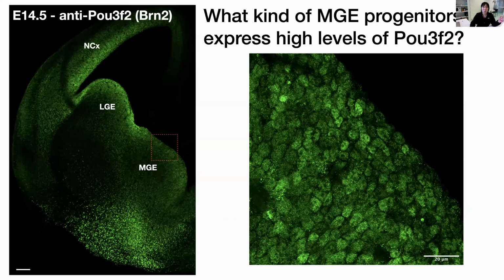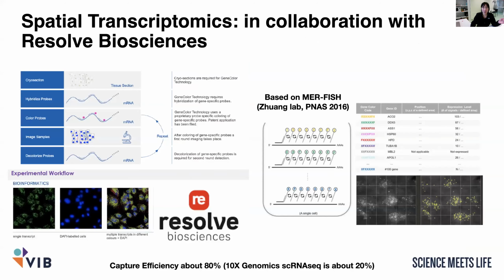Now, we also know that when we do immunostaining, we find POU expressed in different progenitor types in the MGE. To characterize this a bit better, we collaborated with Resolve Bioscience, which has a pre-commercial release platform of spatial transcriptomics based upon the MERFISH method.